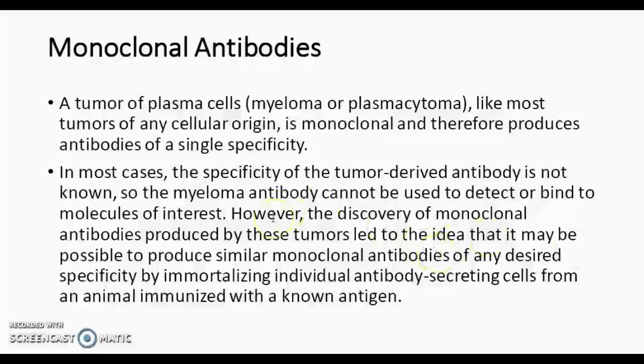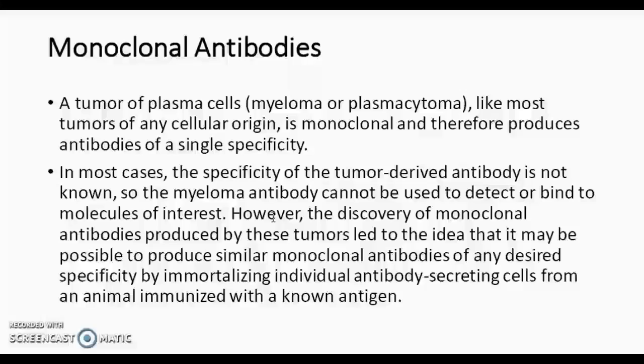Monoclonal antibody. A tumor of plasma cells, myeloma or plasmacytoma, like most tumors of cellular origin, is monoclonal and therefore produces antibodies of single specificity. In most cases, the specificity of the tumor-derived antibody is not known, so the myeloma antibody cannot be used to detect or bind to molecules of interest.